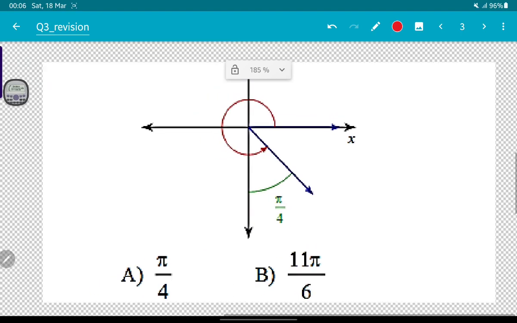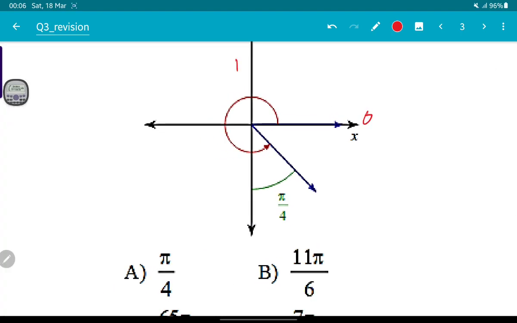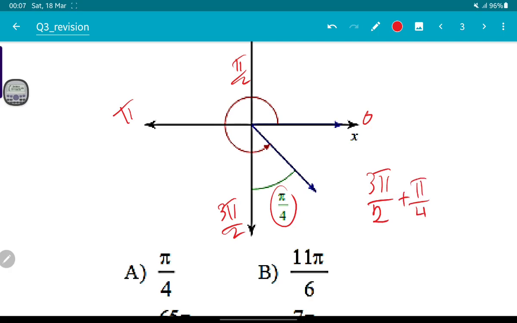Here we have 0, pi over 2, pi, 3 pi over 2, and we need to add pi over 4. So it's 3 pi over 2 for 3 quadrants plus pi over 4.